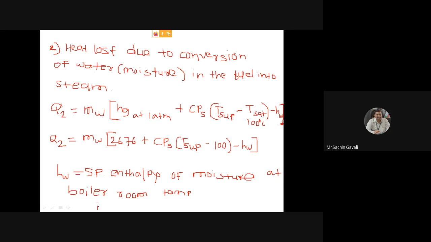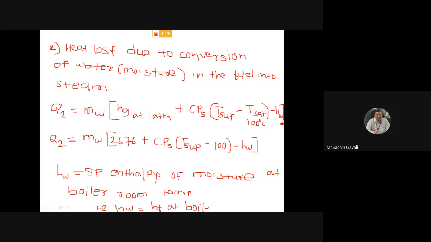Now, HW is equal to hf at boiler room temperature. It is not the hf at feed water temperature.